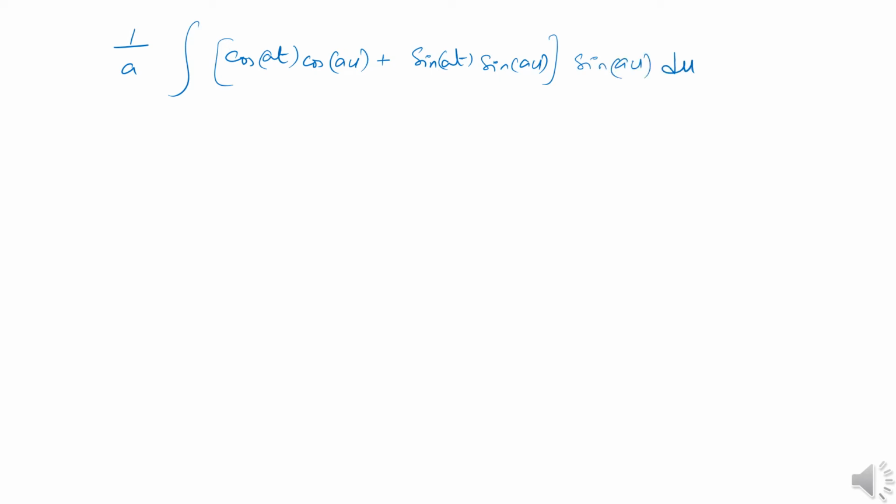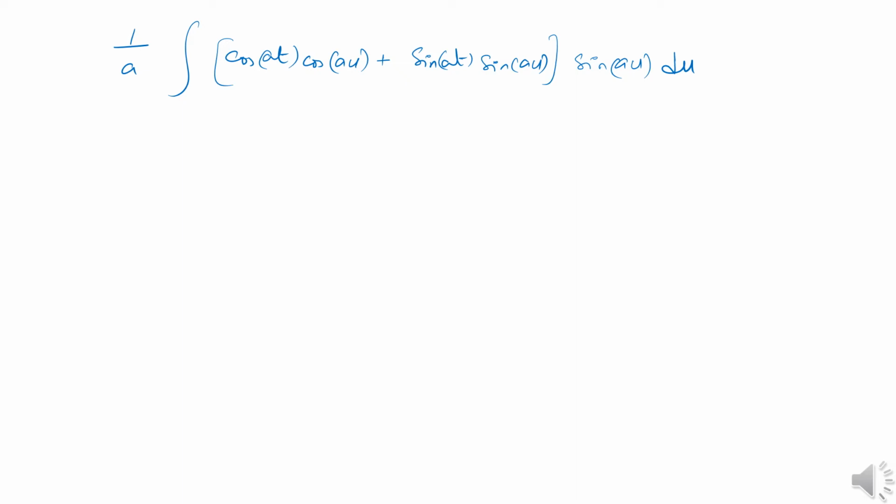So I will get cos a t multiplied by cos a u plus sine a t multiplied by sine a u, and that is multiplied by sine of a u du. Now we have to integrate this function, and to do that we have to simplify it.